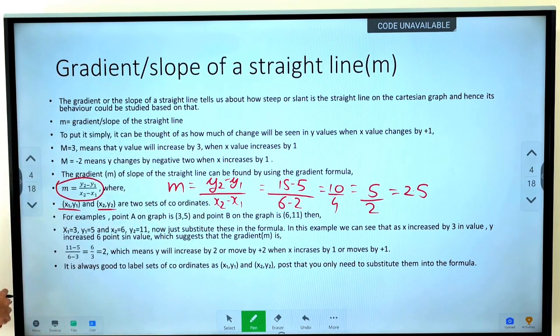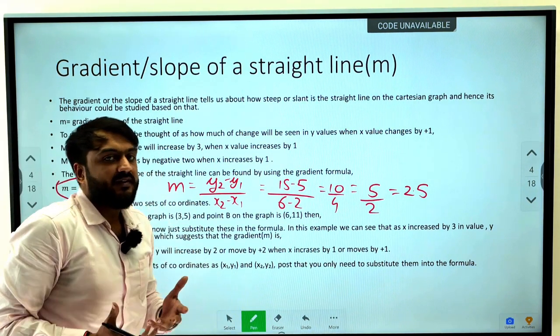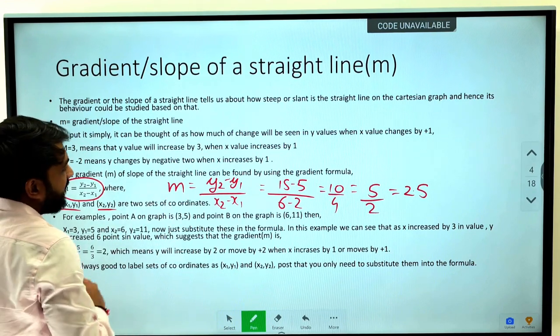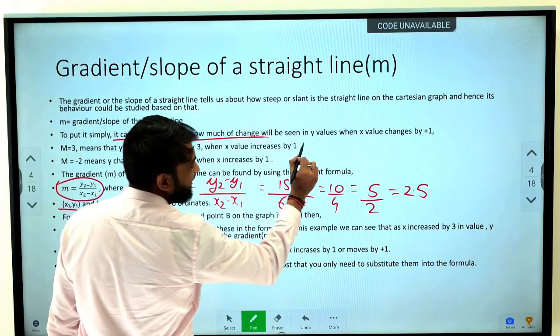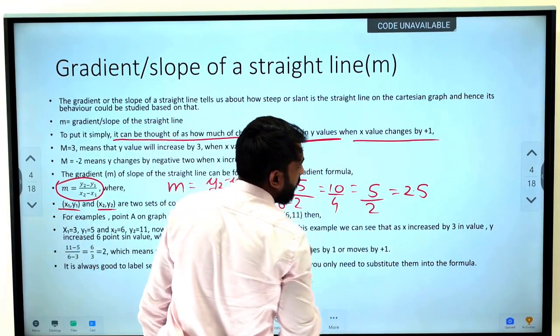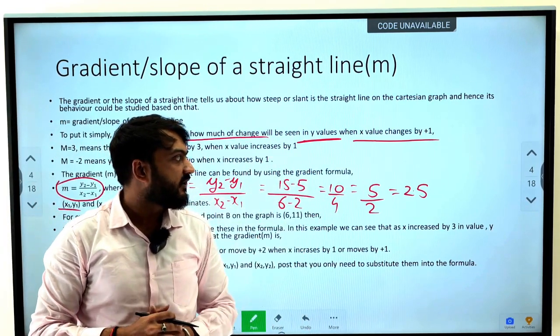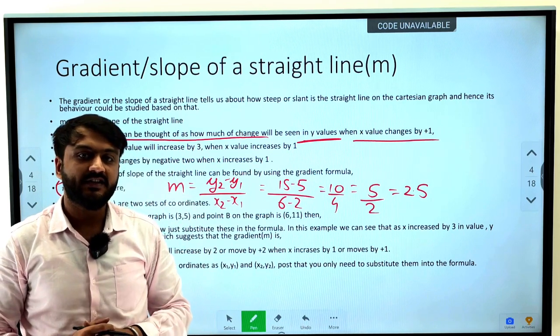Now, what does this gradient actually do? This value is 2.5. So now what? What is this 2.5? To think of it mathematically, it can be thought of as how much of change will be seen in the y values when x changes by positive 1. So every time I see a change of positive 1 in my x values, how much will my y value change?